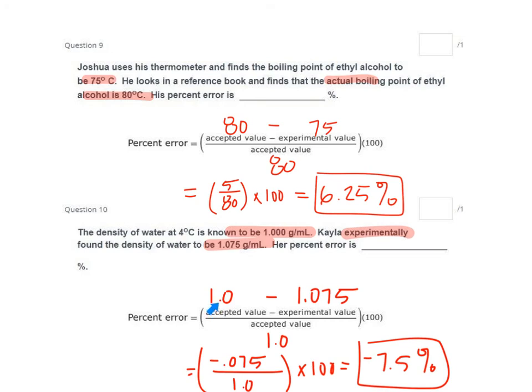If you subtract a large number from a small number, then you're going to get a negative value. So in this case, our experimental value was the large number. Our accepted value is a smaller number. So when I subtract the two, I get a negative value. If your accepted value is larger than your experimental value, like it was up here in the previous example, 80 is higher than 75, when we subtract the two, we get a positive 5, which will lead to a positive percent error.